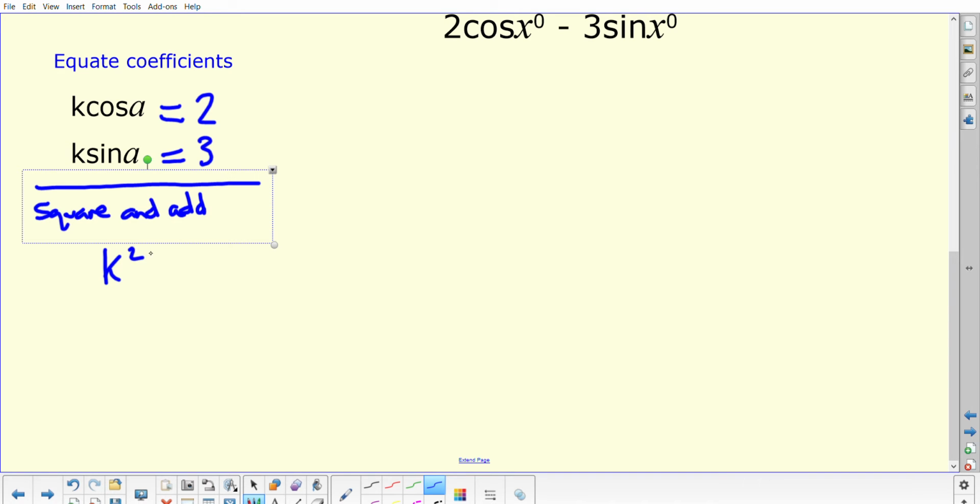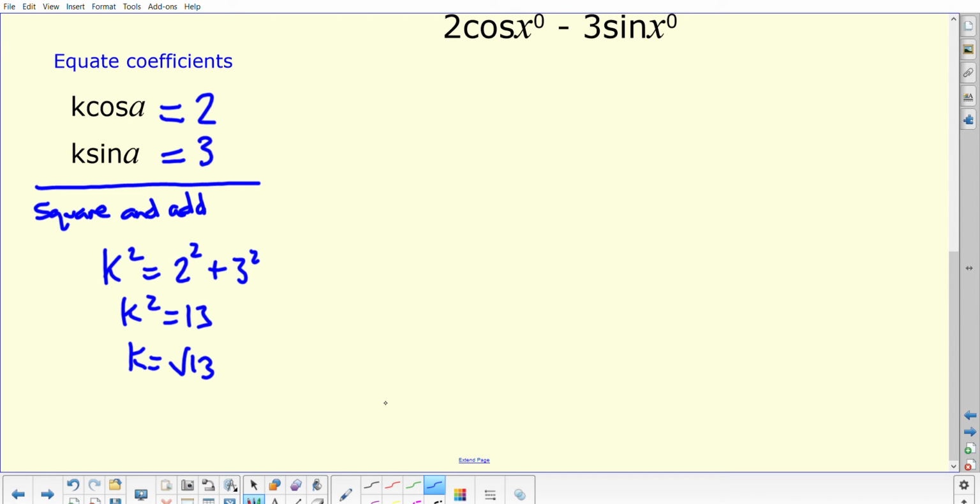So that produces k squared equals 2 squared plus 3 squared, so we get k squared equals 13, so k is equal to the square root of 13, and we of course leave it in surd form. When we do these questions, we're always interested in making sure the k value is just a single numerical term, and if that needs to be a surd, that's how you leave it.